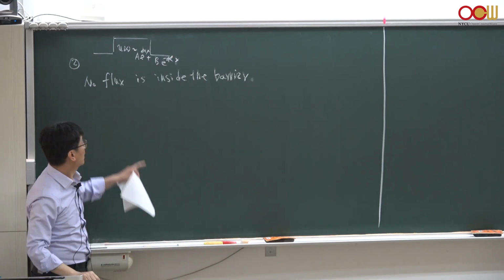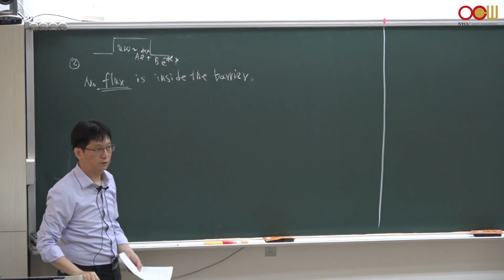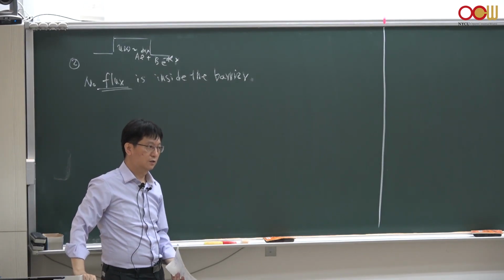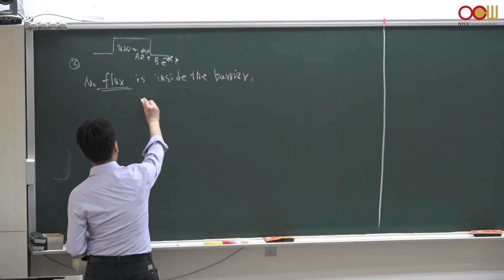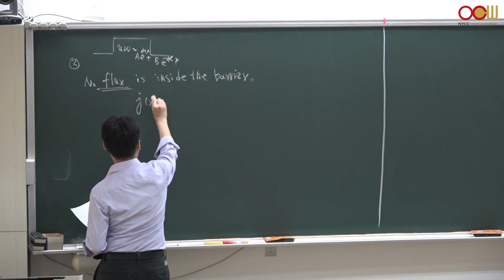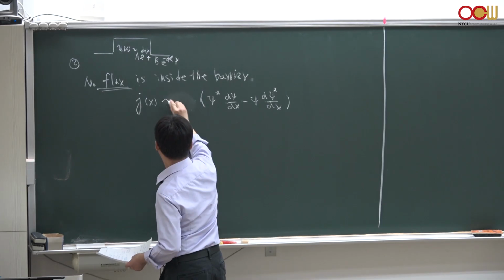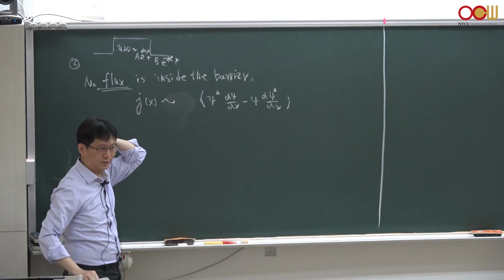As we already mentioned previously, to detect the existence of particle flow, the probability flux is a very convenient and powerful way. And remember this, the flux J of x is proportional to this quantity inside the bracket.